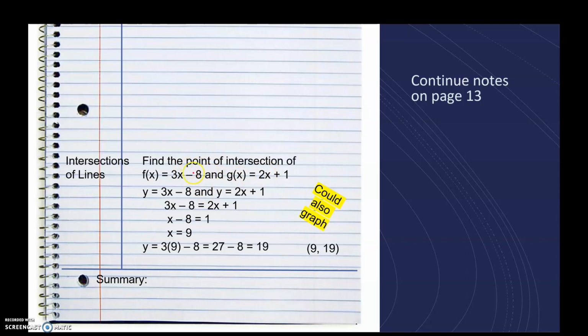If these two intersect, they are going to intersect where 3x minus 8 equals 2x plus 1. And we just simply solve that equation down. And you're going to get x equals 9. We then plug 9 into one of those equations, and we get the y value of 19.